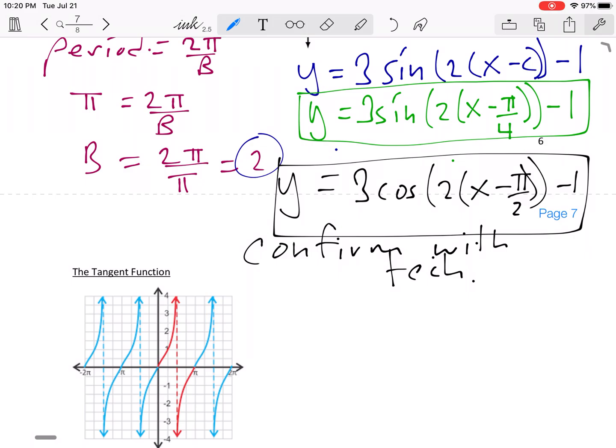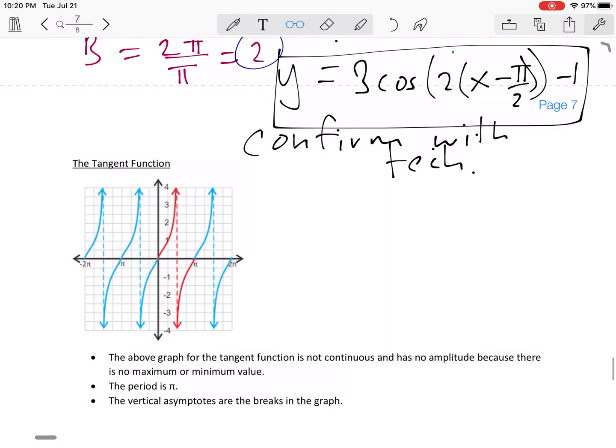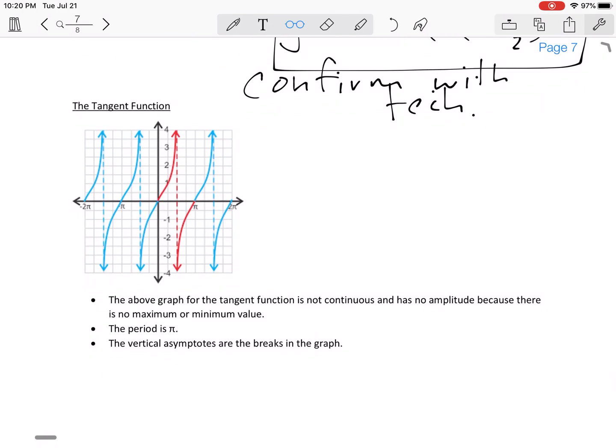And the last thing to finish up here, I just want to spend a couple of moments with the tangent function. We've been spending a lot of time with sine and cosine, and what you notice about the tan function is it's not continuous. You have gaps, and you've seen this with your calculations, where there's a certain value that's invalid, or there's no value that corresponds to it.